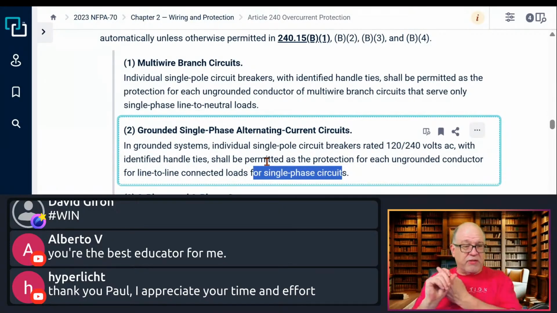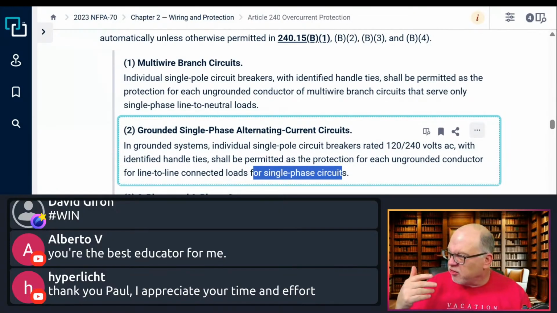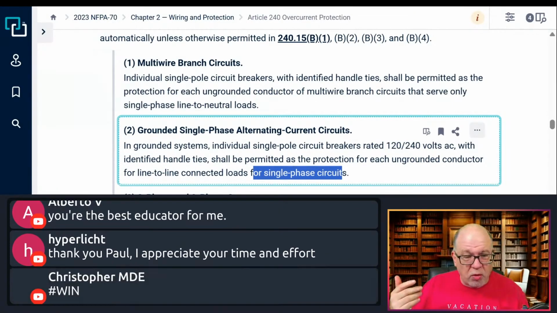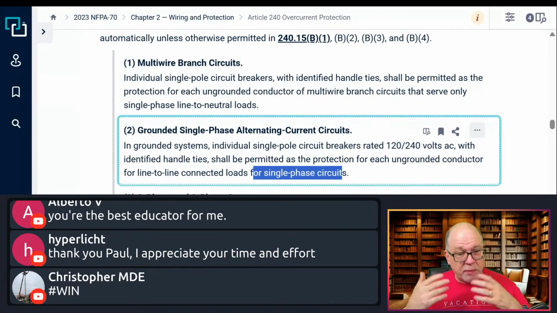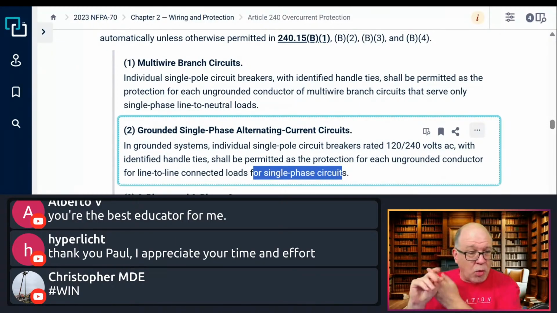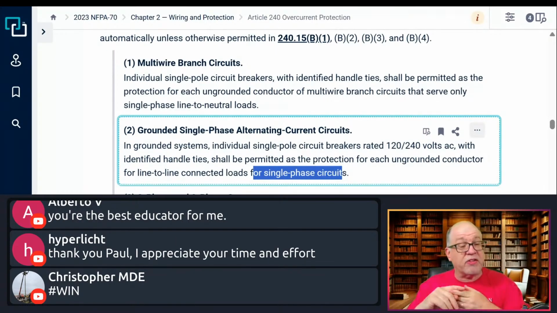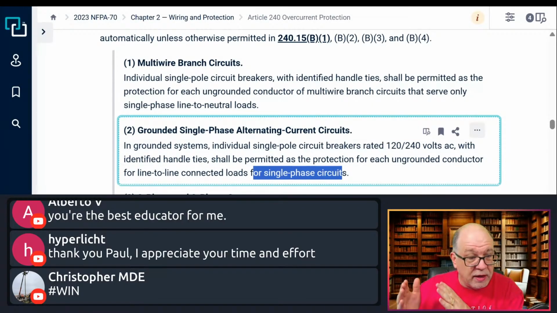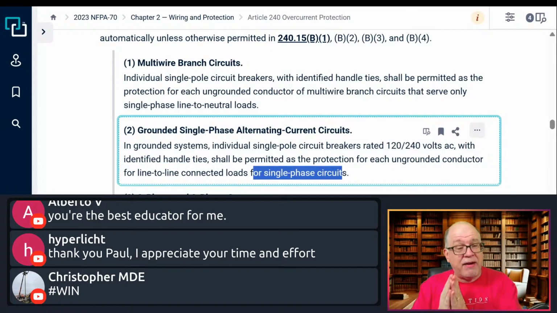So what's the difference? Two standard single poles can be just 120 volts, not 240 volts. They could just be 120, then they're going to be line-to-neutral loads only. Now, if I find single poles that are 120/240 volt, designed to go together with an identified handle tie, meaning together they can utilize 240, then I'm able to use that for line-to-line connected loads.